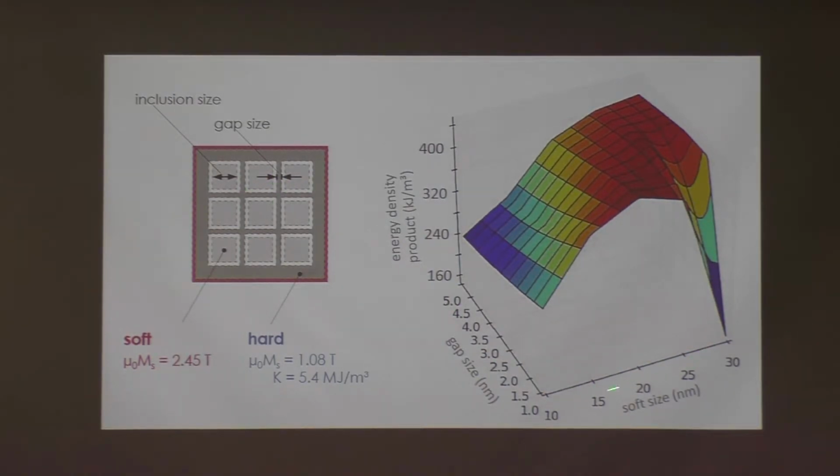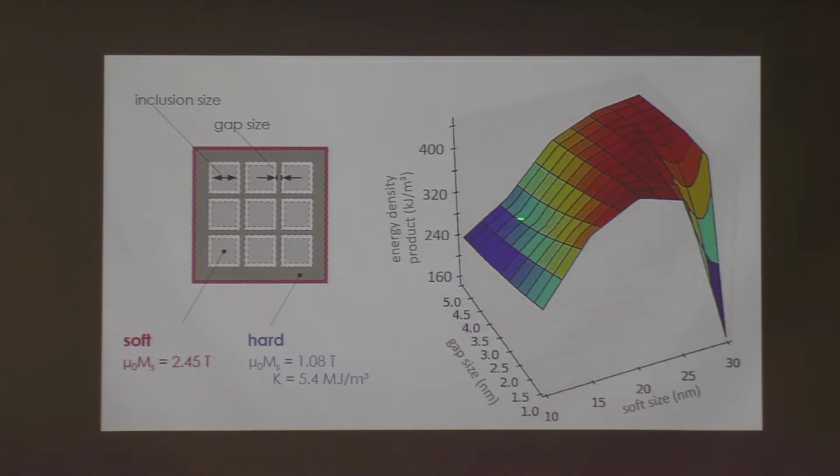On this axis, we have the size of the soft magnet, and here we have the energy density product. And you see that if the soft inclusions are too big, we lose energy density product drastically because we cannot establish a high enough coercive field.